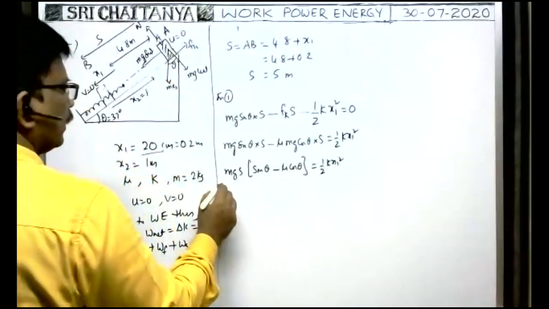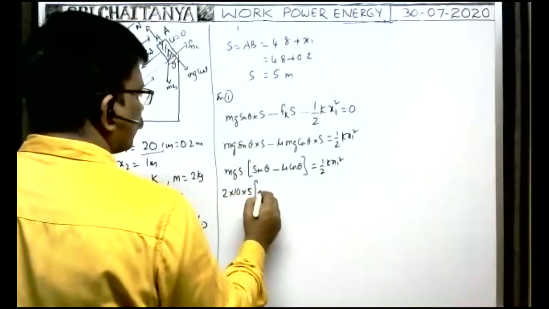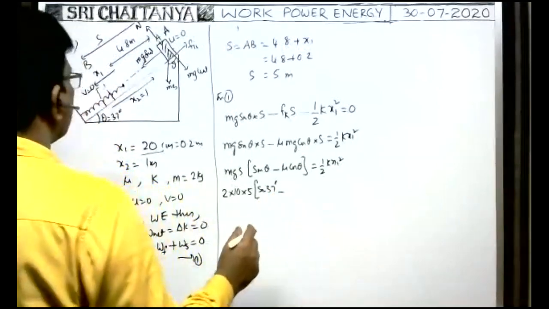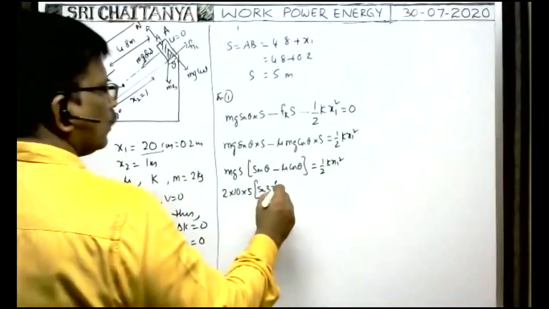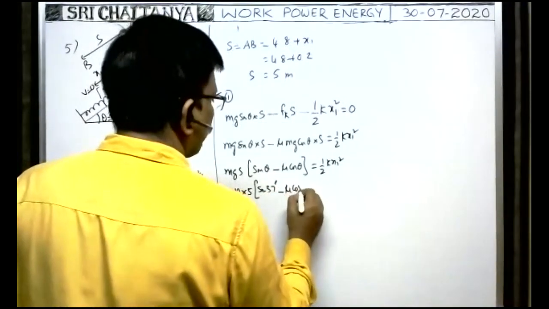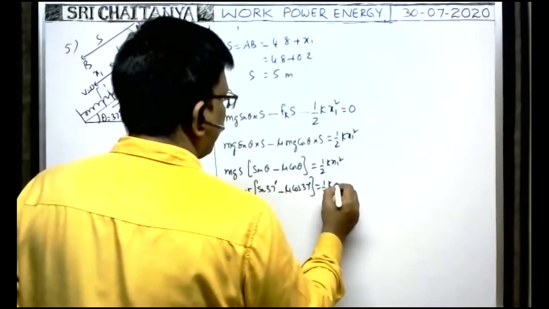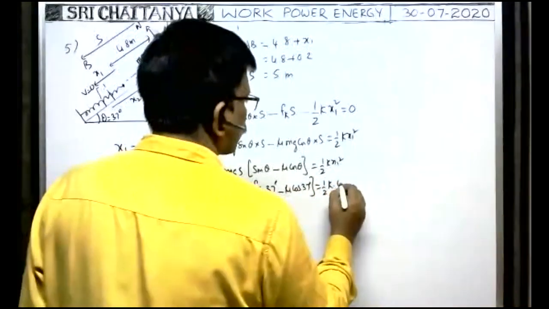Substitute the data. m is 2 kg, g is 10, s is already 5, into sin 37 minus mu, which is not given, so we have to calculate mu also, into cos 37 is equal to half k into x1 square. k is also not given. x1 is 0.2 meter, 0.2 whole square.